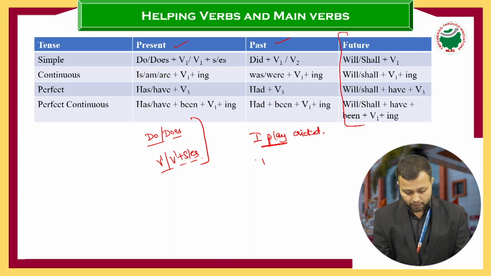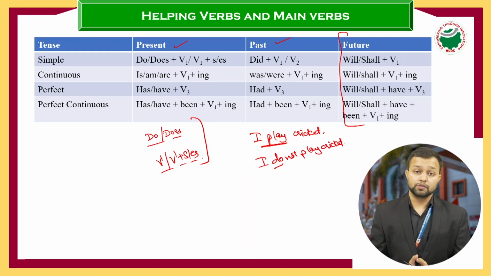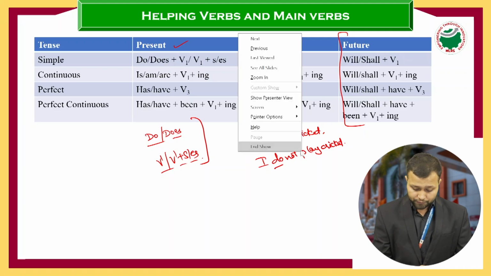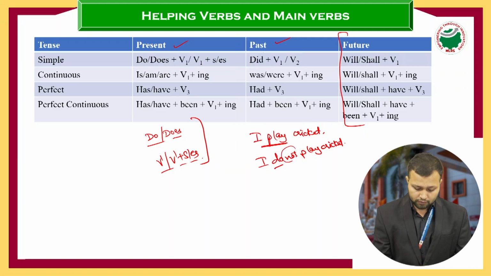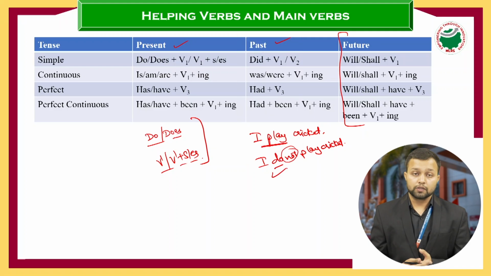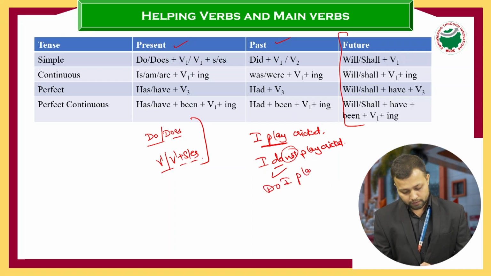But if I write, I do not play cricket, so do is used, helping verb is used. That means if the sentence is negative, then the helping verb will be used. In the same way, do I play cricket? Do I play cricket? Helping verb is used in the starting.